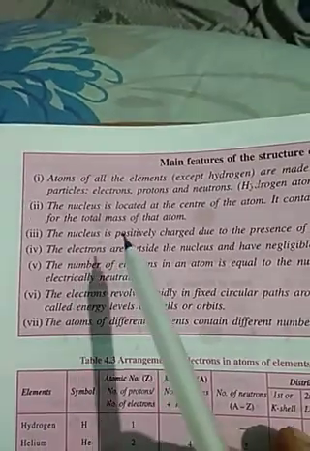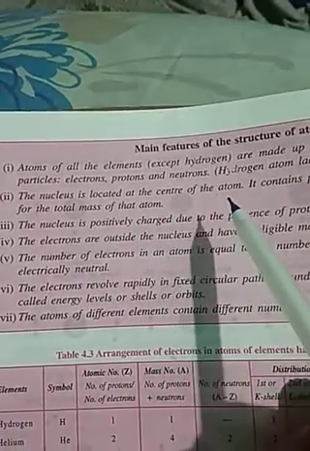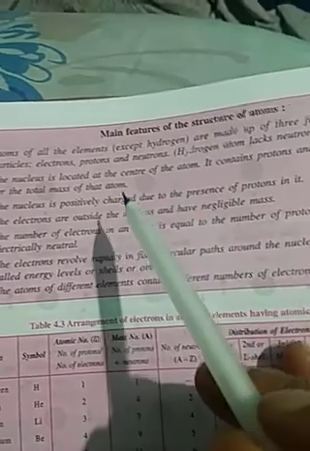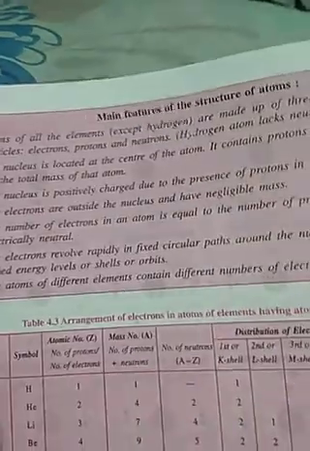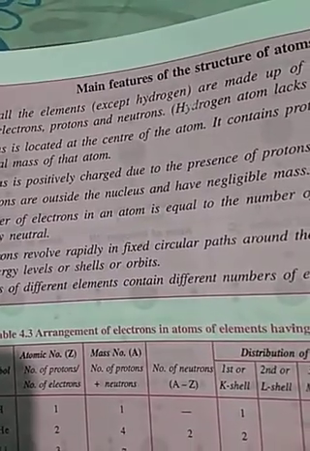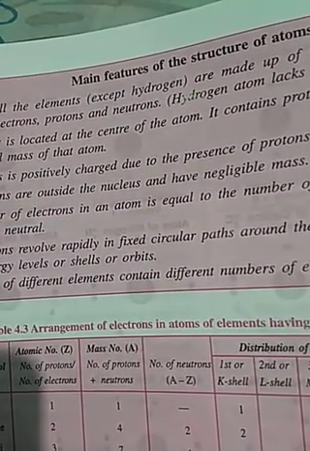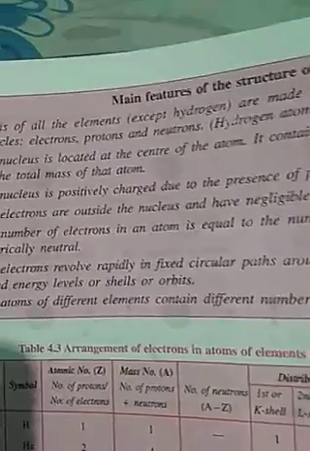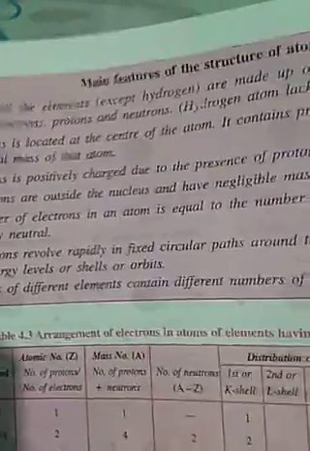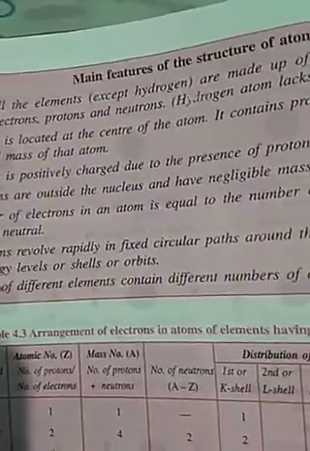Then the nucleus is located at the center of the atom. It contains protons, which are positively charged, and neutrons, which are neutral. We have discussed several times that most of an atom is empty and the mass of electrons is negligible, so whatever the mass of protons and neutrons is, that will be the mass of an atom.